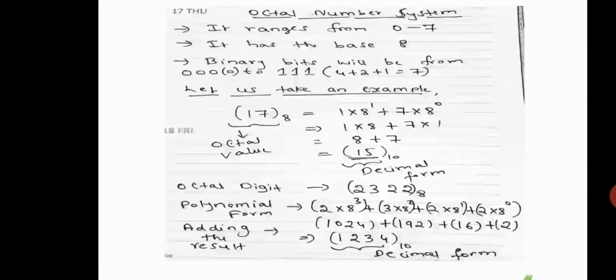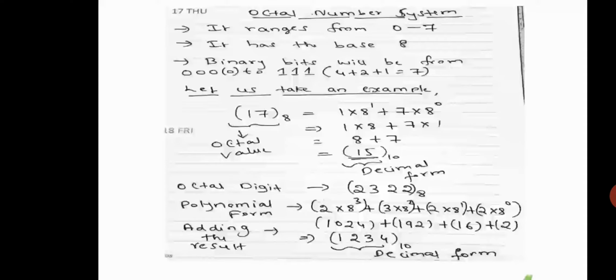Now in the same example, if you have a decimal point, how to do it? Say, for example, you can take the number 17.2. How to represent 17.2? For 17, you start from the right hand side itself, same as before: 7 into 8 to the power 0 plus 1 into 8 to the power 1. And after the decimal point, you have to start from the left hand side.